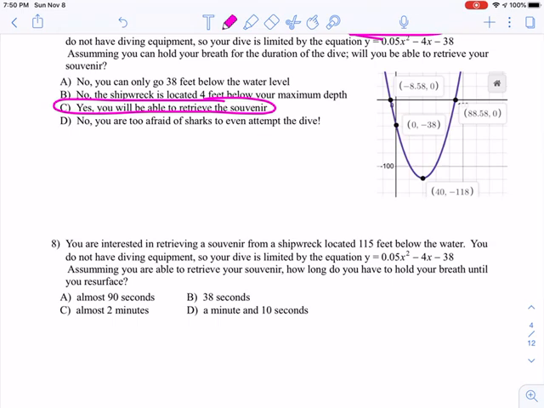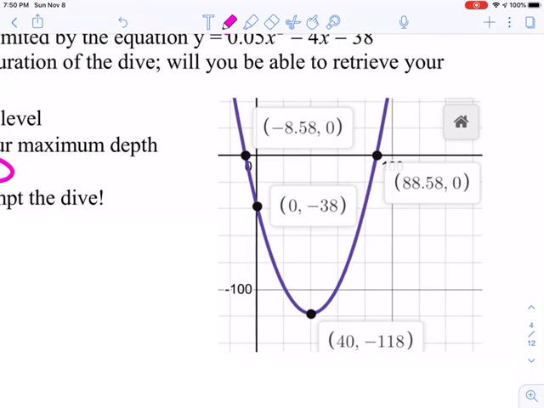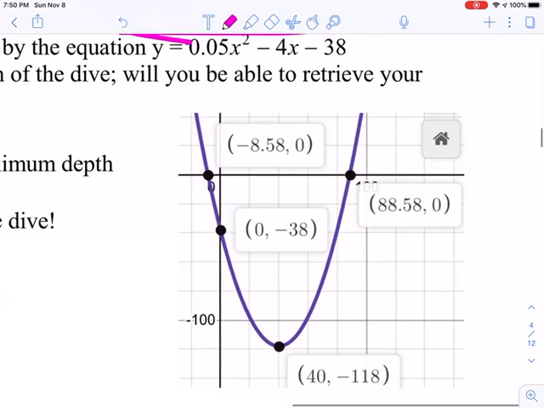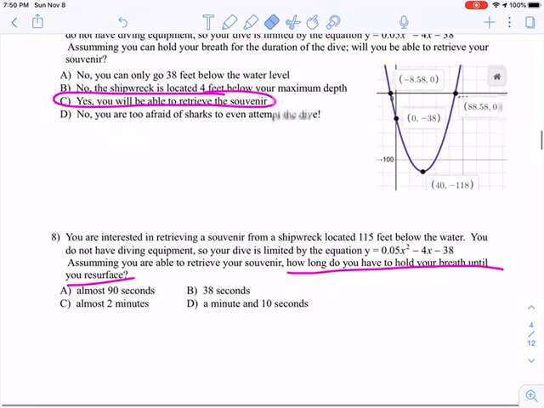Now, what about holding your breath? How long do you have to hold your breath until you resurface? Okay, well, you're going to start and you're holding your breath. I guess you start underwater. Interesting. But you're going to be underwater all this time, and you're going to finally hit the surface again at about 89 seconds.